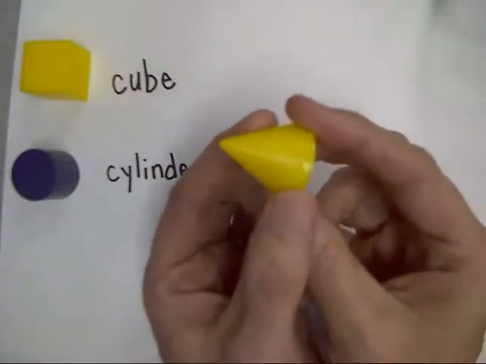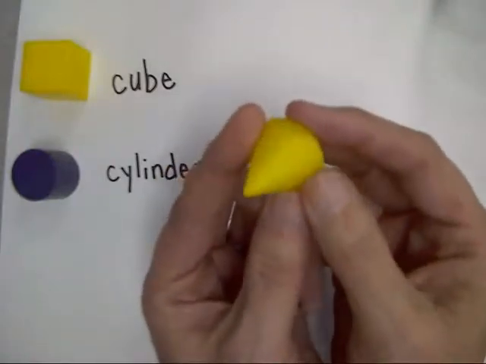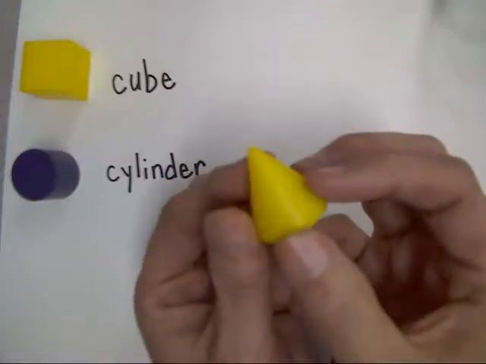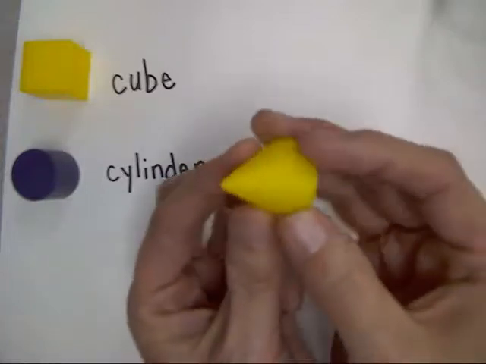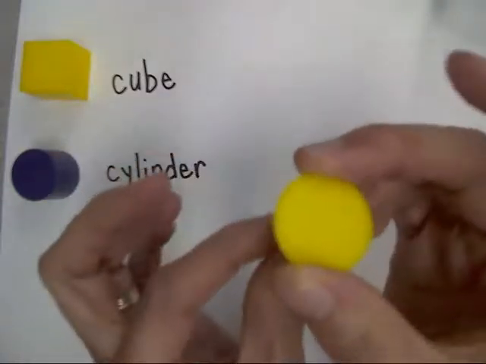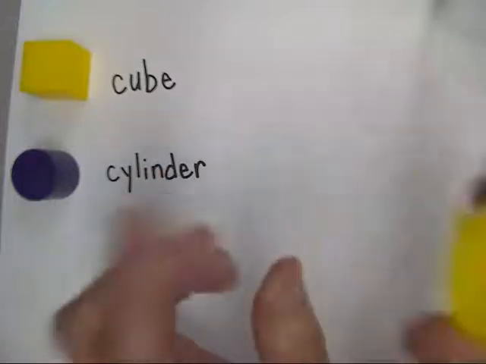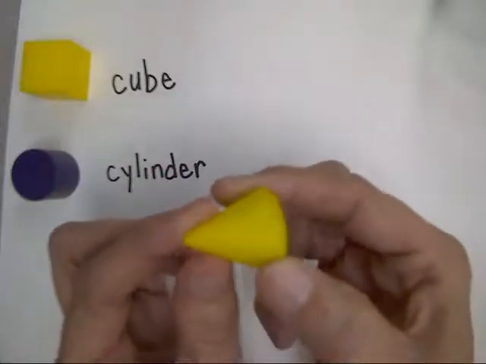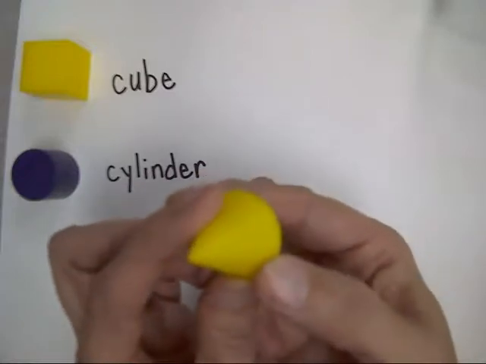What do you notice about this shape? It almost looks like an ice cream cone. Some ice cream cones are like this, and you have ice cream on top, or a party hat.